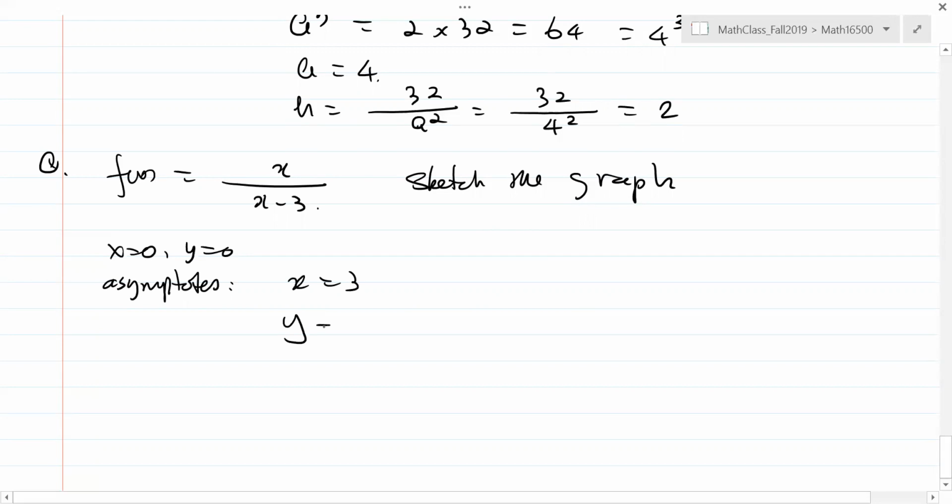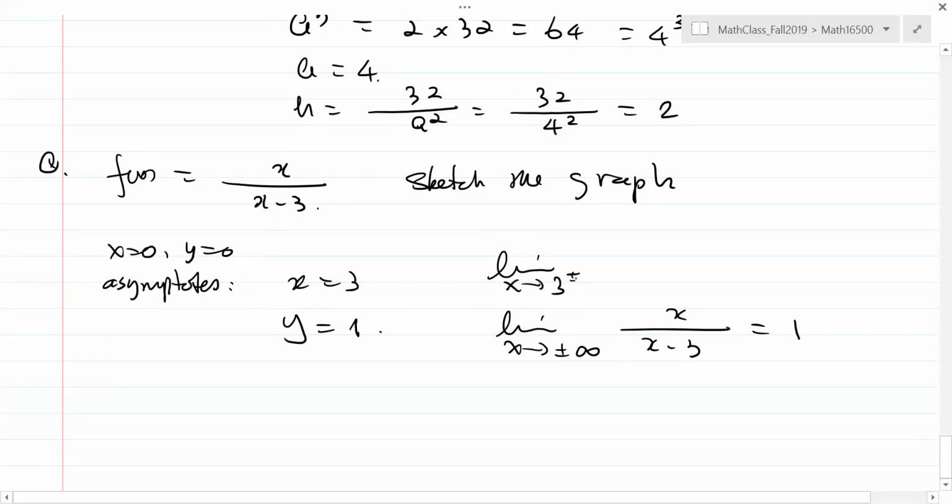This is going to be 1 just because the limit as x approaches plus or minus infinity is always equal to 1. And the vertical one is because when x approaches 3 from the plus side, x minus 3 is a small positive number, so it goes to infinity. That's the reason you get asymptotes.